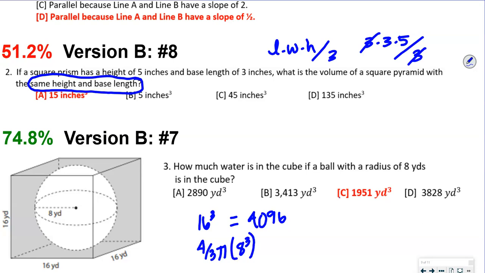So we're going to do 8 cubed times 4 divided by 3, and then we're going to multiply that by pi, because otherwise we can't do the dimensions. So this is 2,145. So we're going to subtract that, right? We're going to subtract it right there, and that's how we got 1951, okay? Because we subtracted the volume of the sphere from the volume of the cube.